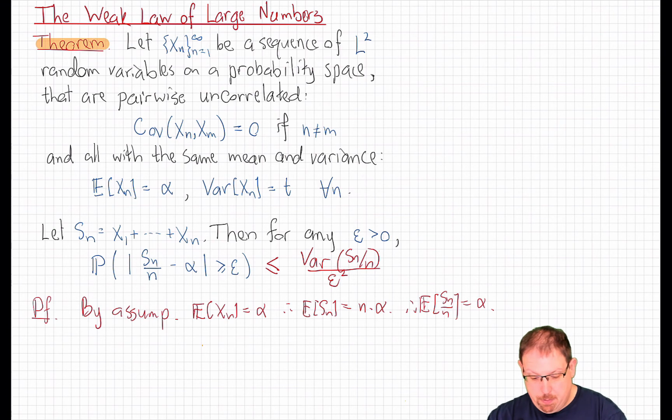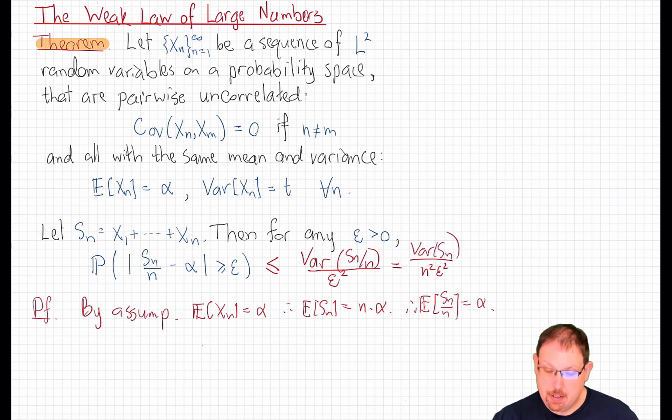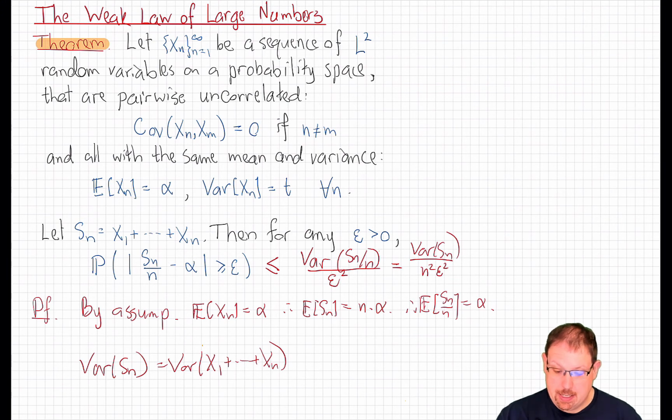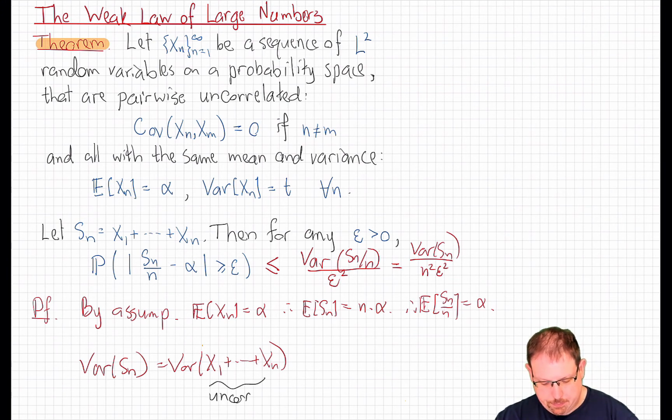And as we noted previously, we can pull out the 1 over n to give a 1 over n squared from the variance, and so we are left to control the variance of Sn. Well, the variance of Sn, which is the variance of the sum, X1 plus through Xn, as we showed last time, because these are uncorrelated, the variance of the sum is the sum of the variances.